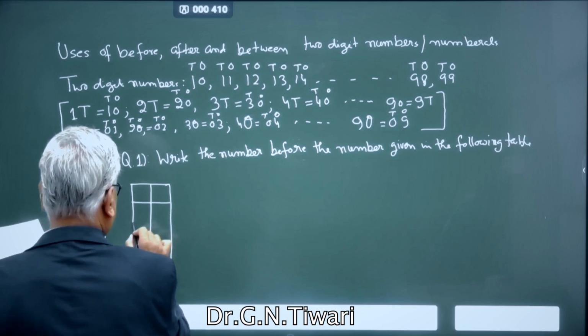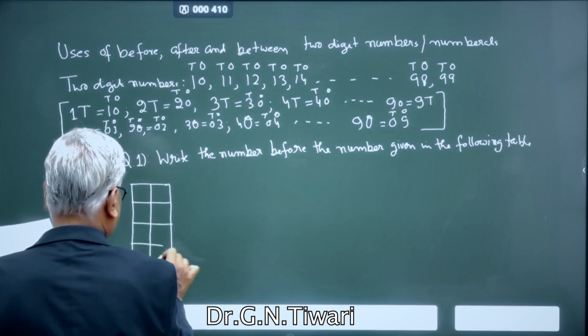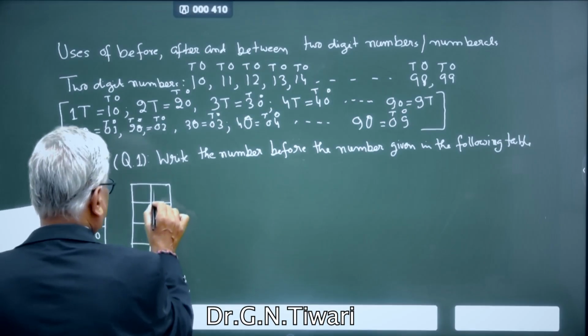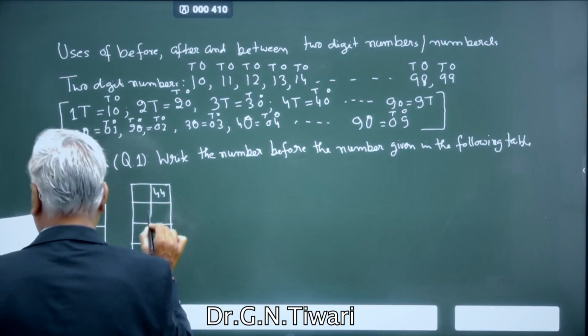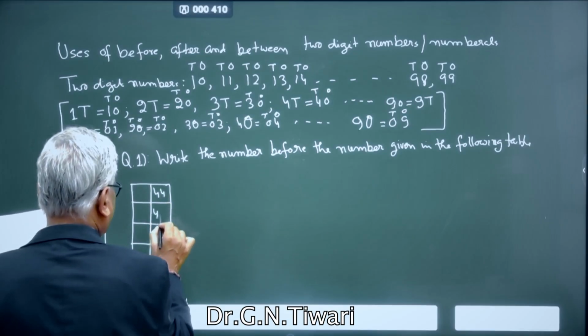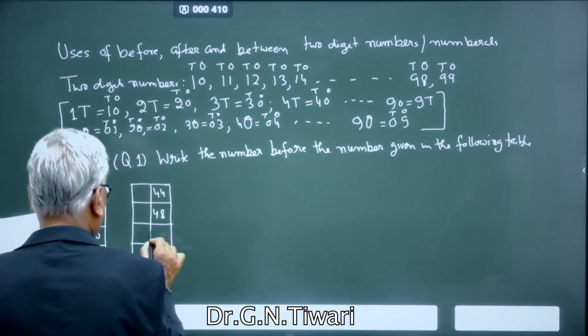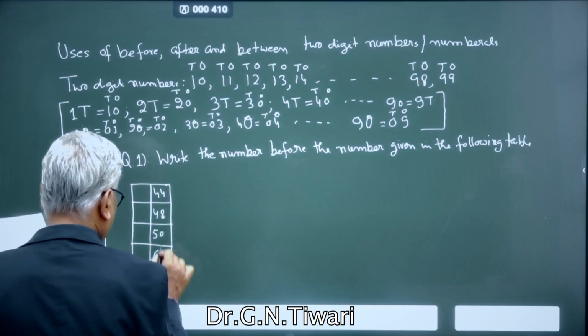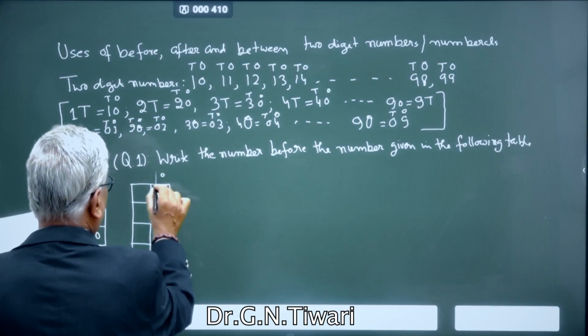One, 2, 3, 4. So here again 44, 48, 50 and 61 OT.